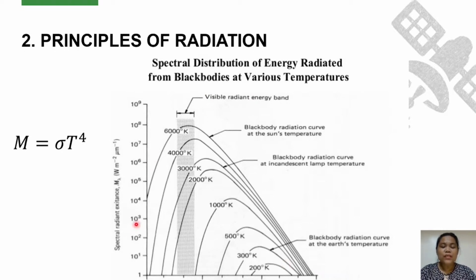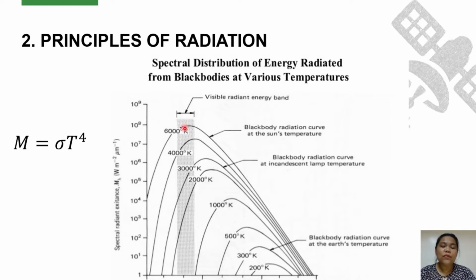This figure illustrates the amount of energy radiated from black bodies at different temperatures in relation to the wavelength. For example, for an object at 200 Kelvin, its amount of energy is only around 5. For 1000 Kelvin, its amount of energy radiated is 10 to the 4 power.